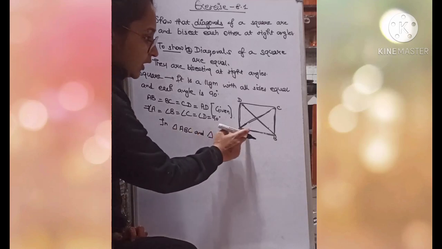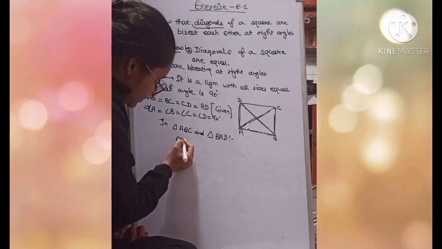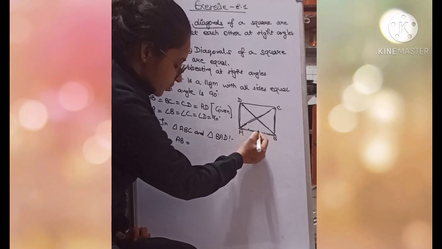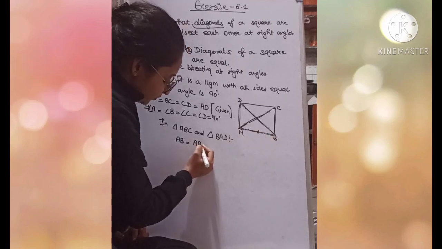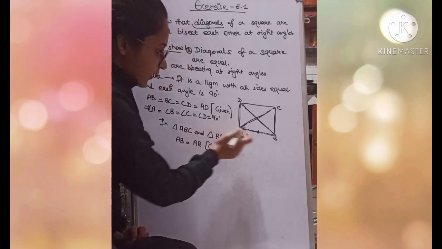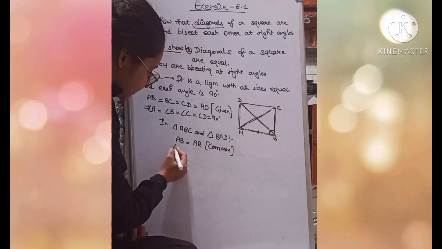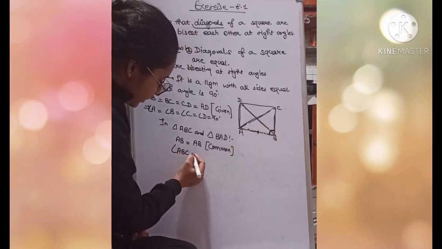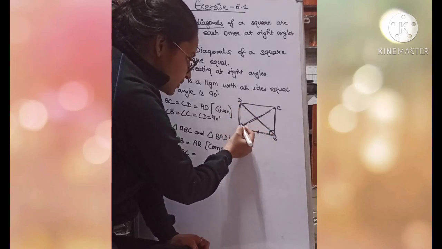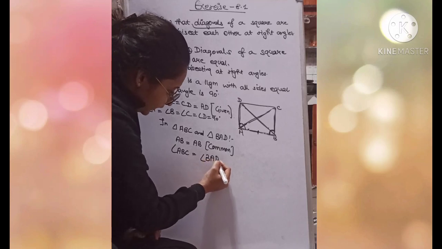In triangle ABC, in this triangle AB, similarly in this triangle BAD, AB, this is first side, common. Okay. Second thing is in triangle ABC, this complete angle, that is angle ABC, is equal to, in this triangle BAD, this complete angle, that is angle BAD, is of 90 degree.